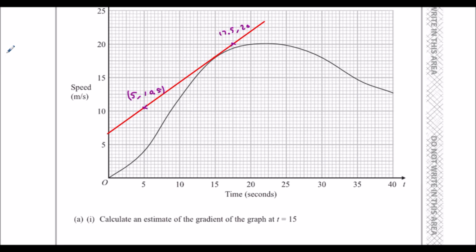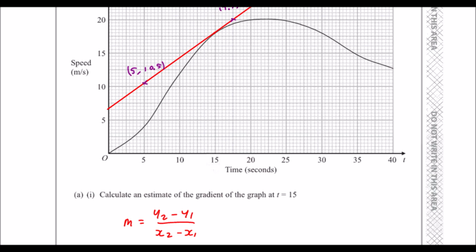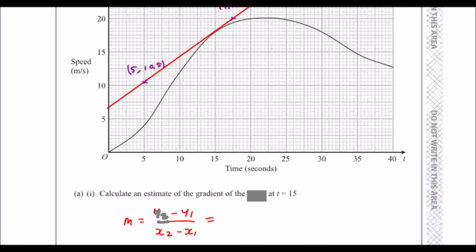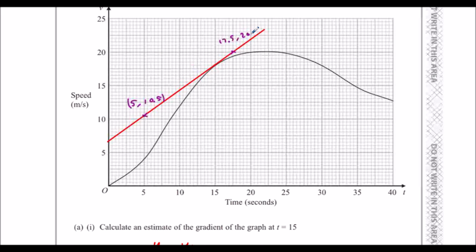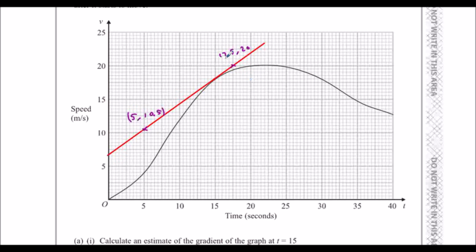So the gradient is the change in y over the change in x. So the change in y, so our y's are 20 and 10.5. So 20 minus 10.5 over the change in x, 17.5 and 5.